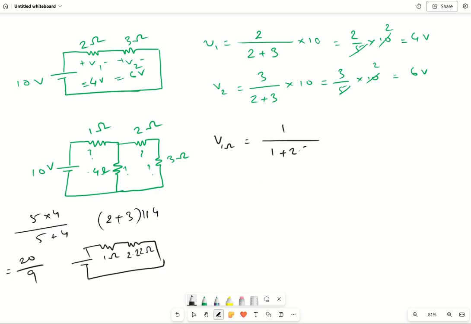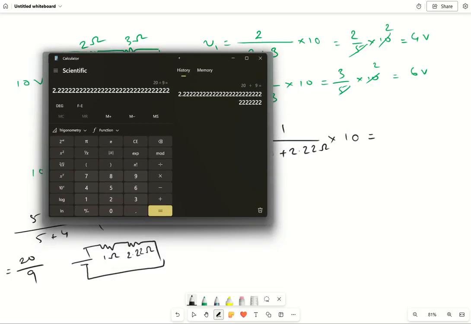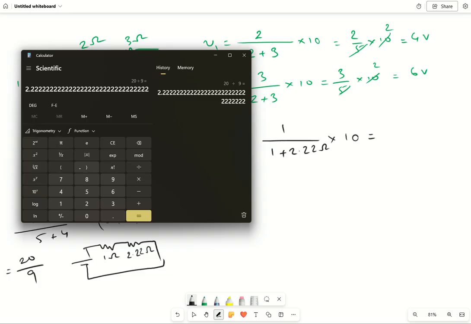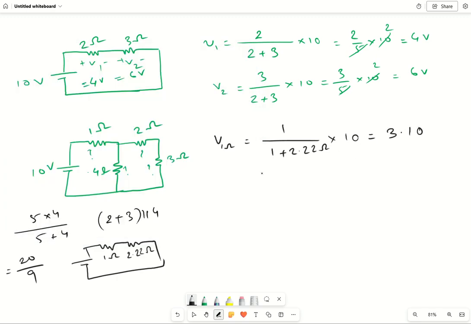So this will be 1 divided by 3.22 multiplied by 10, which is 3.10, right?